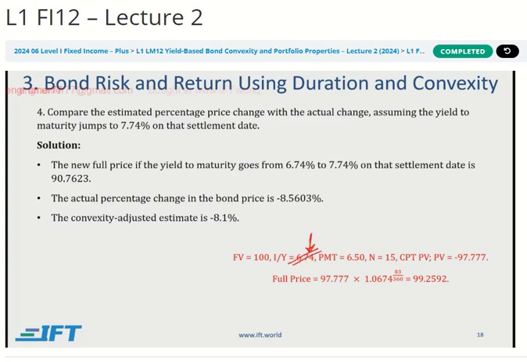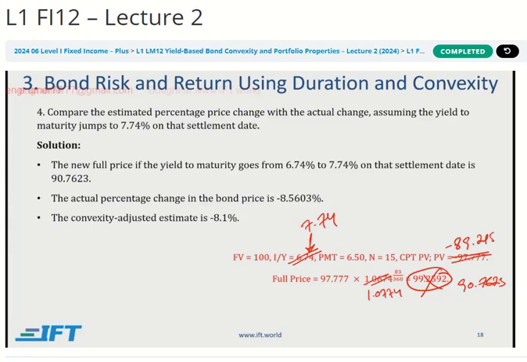So instead of using a yield of 6.74, if you use a yield of 7.74, and the same way over here, the present value you will get will be 89.215. And then if you load it up with the interest, what you get is 90.7623.